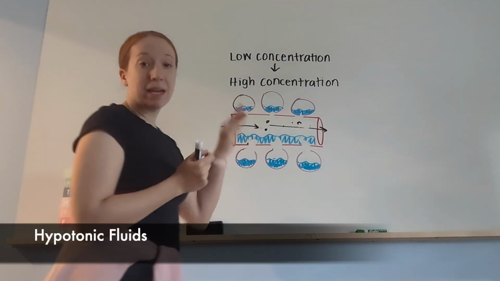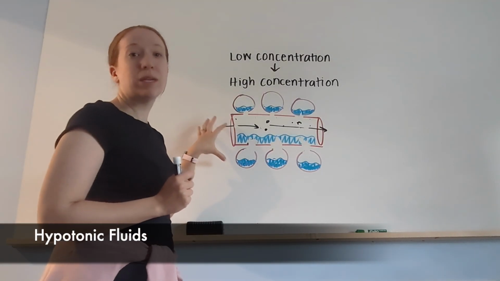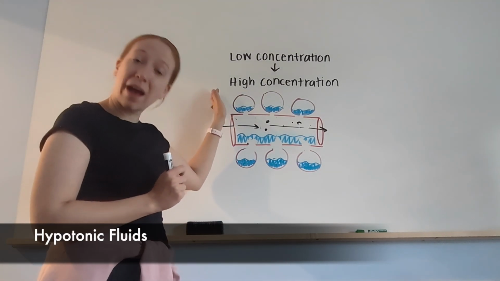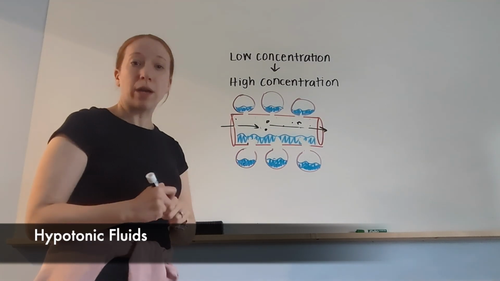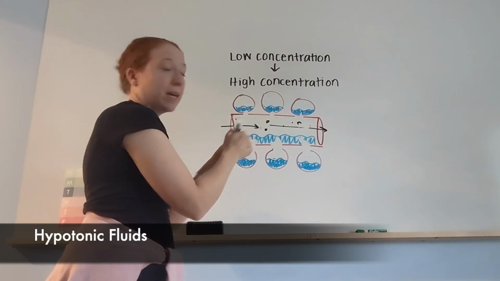And because of that, again, the water is going to move from low to high. So the vessel now has a lower concentration than the cells. The cells have a higher concentration. So water will move from the blood vessel into the cells.